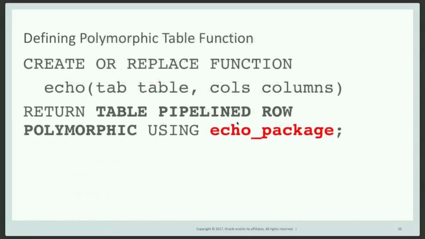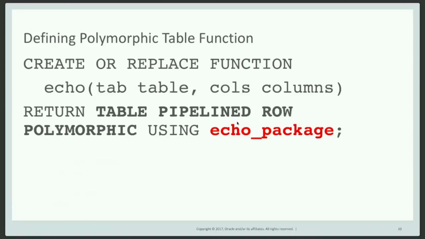So once I've got that, I can create or replace my function echo. I've got tab as my input and cols as my inputs. It's a pipelined row polymorphic table. So as I said, it's a row-based polymorphic table. As each row comes in, I can immediately determine what the values are for the new column.